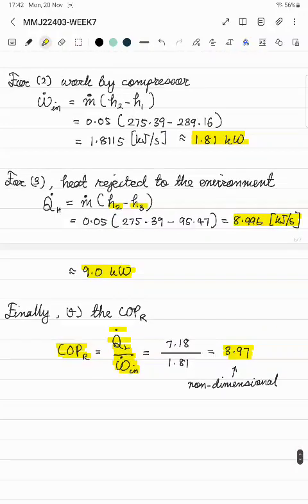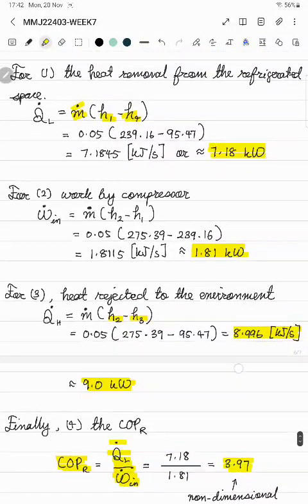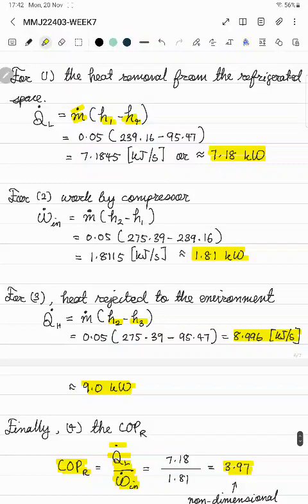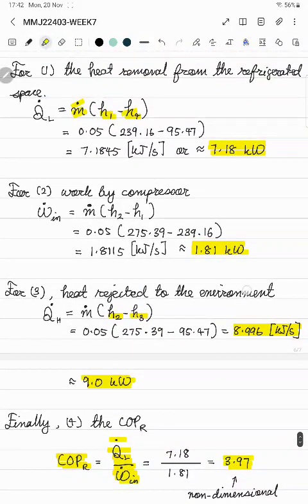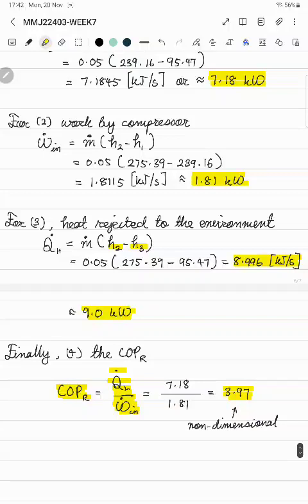And finally, the COP for the refrigeration is the heat removed from the low temperature space, which is 7.18 kilowatt, divided by the work done by our compressor, which is 1.81 kilowatt, and you have 3.97. Remember, this is a non-dimensional parameter.